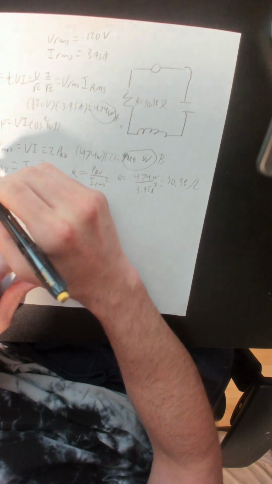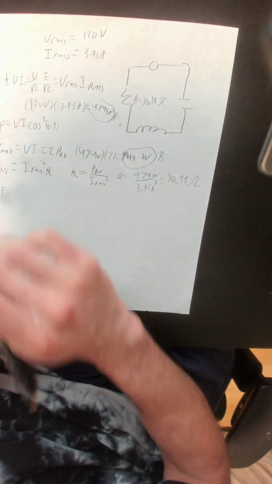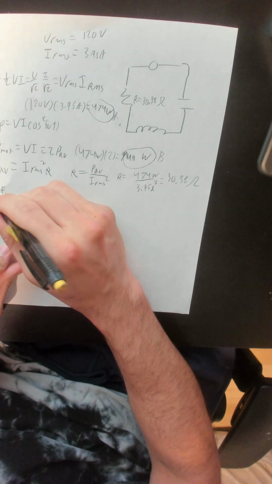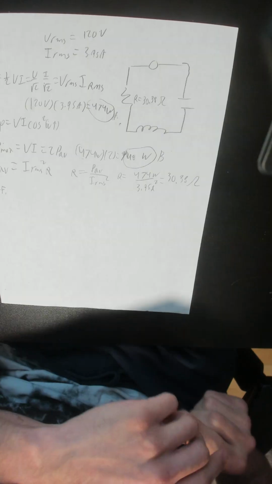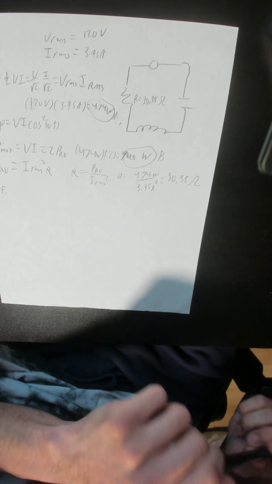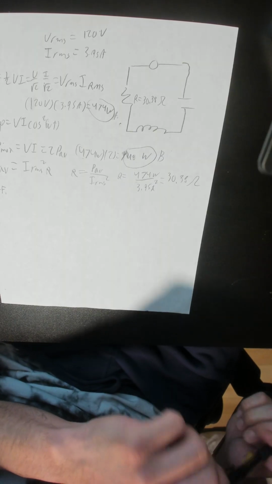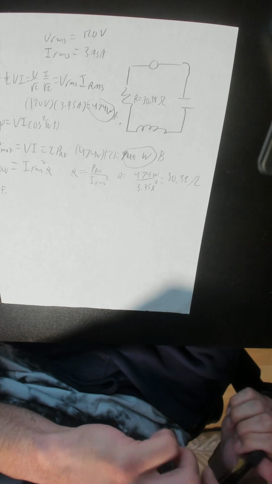Let's move on to part D. This is going to be parts D to F. We have an LRC series circuit with a source with voltage amplitude of 35 volts and angular frequency of 1.3 times 10 to the power of 3 radians per second.